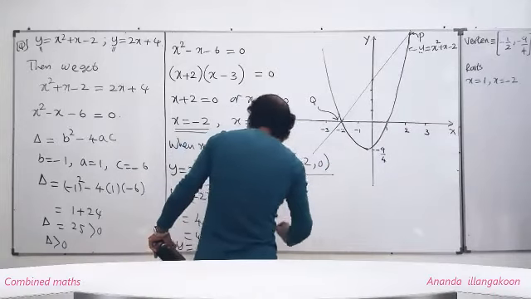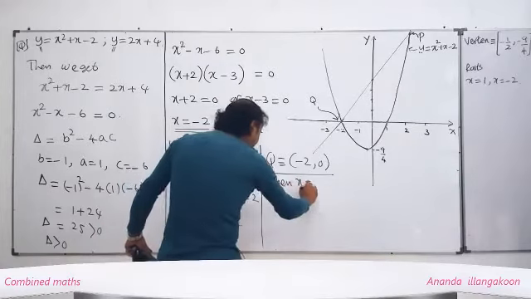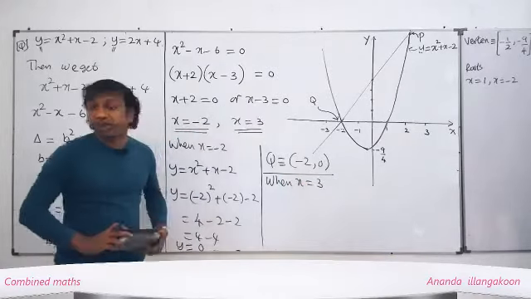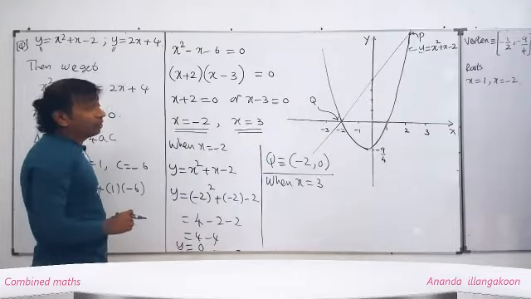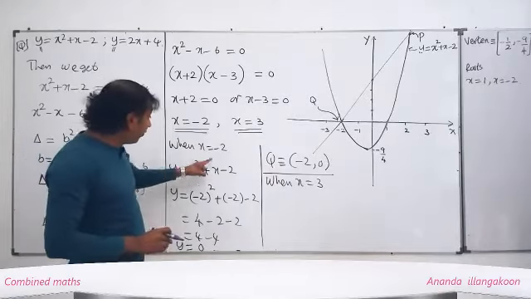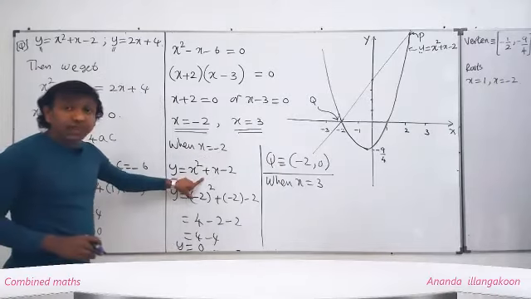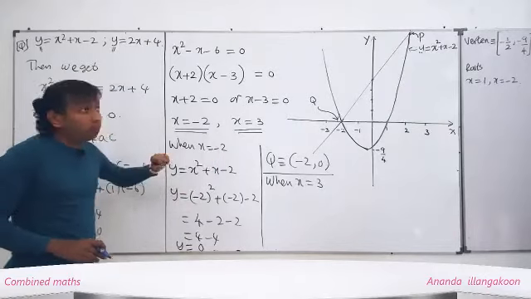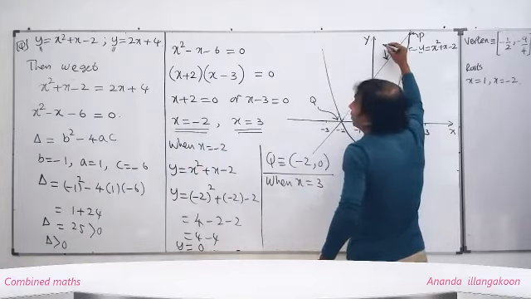Point P, when x equals 3. It is not compulsory to put that x value only in the quadratic equation. What if we put x equals -2 in the other equation? What is the equation of the line? We said it is y equals 2x plus 4.